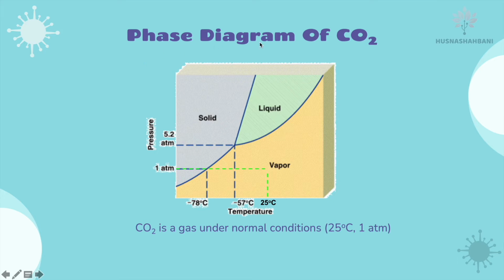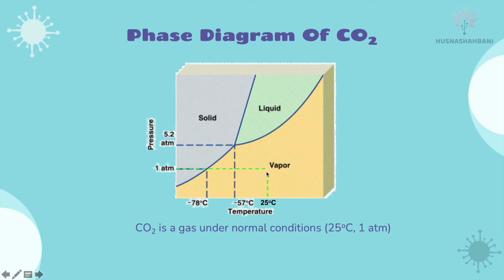Example of phase diagram for carbon dioxide. So for carbon dioxide, at 1 atm, negative 78 degrees Celsius, carbon dioxide can be found as solid and gas. Carbon dioxide is a gas under normal conditions.